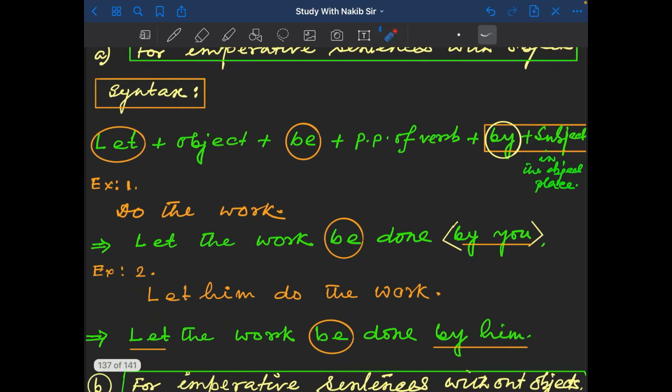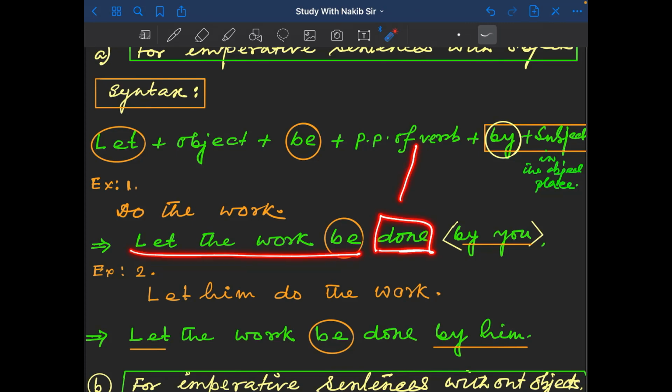See the example. Do the work. The work is the object, and the structure syntax is saying take one let. So one let is taken here. So let, then the object the work, let the work, then one be. See, the be is signing here. So be is signing here also. So let the work be, and this is the verb, past participle of the verb.